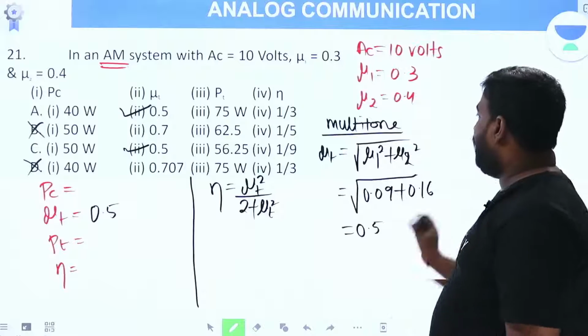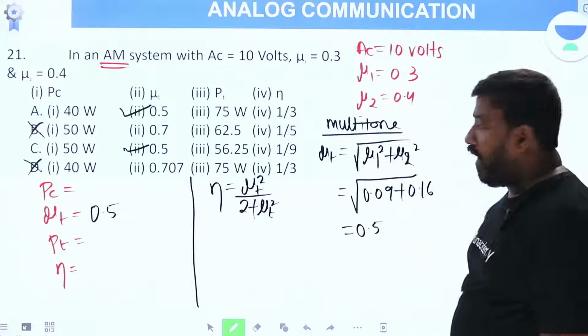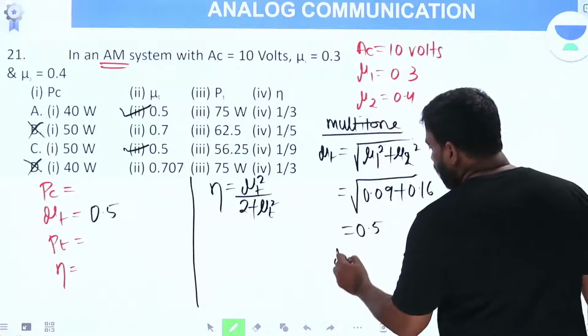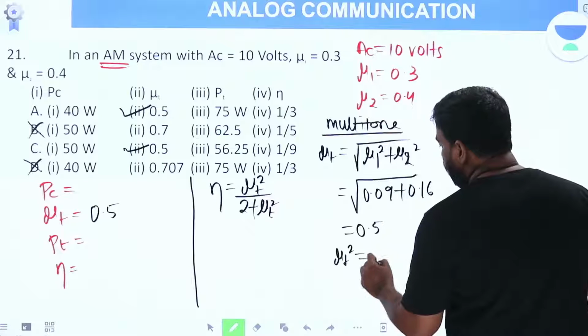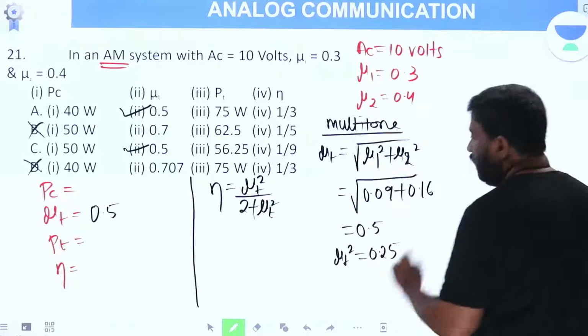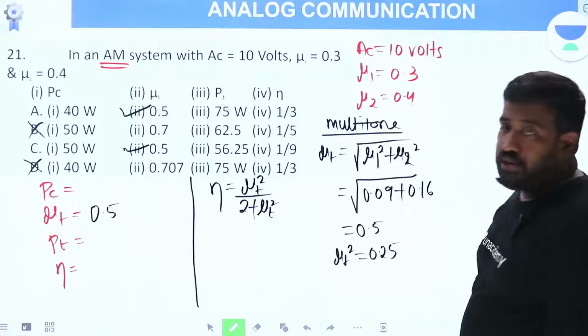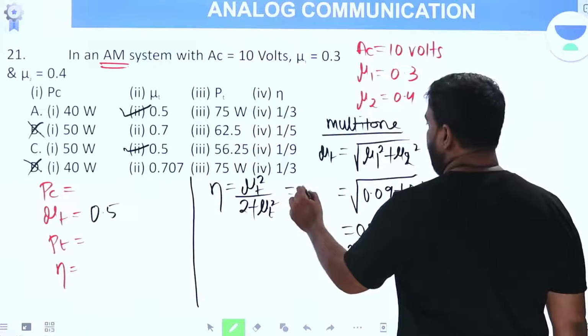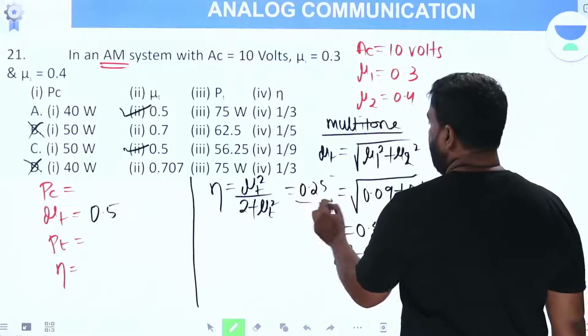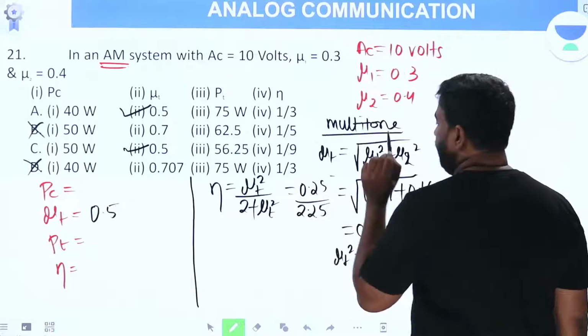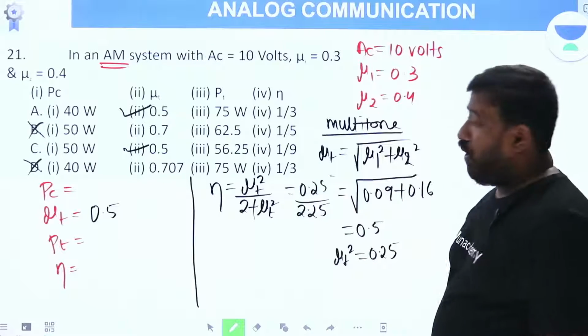Mu t is 0.5, therefore mu t square is 0.25. So 0.25 by 2 plus 0.25, this is 0.25 by 2.25, which is 1 by 9.